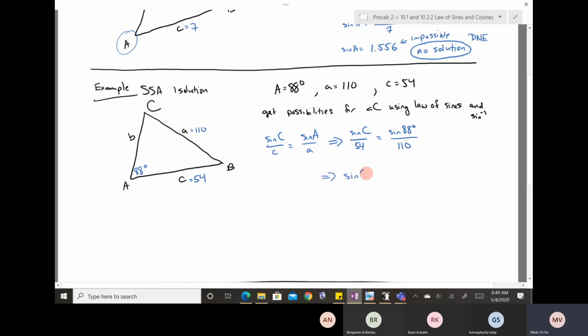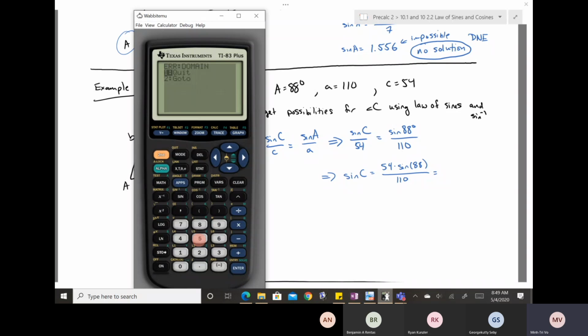Sine C is equal to 54 times sine 88 over 110. So let's calculate this: 54 times sine 88 degrees divided by 110.